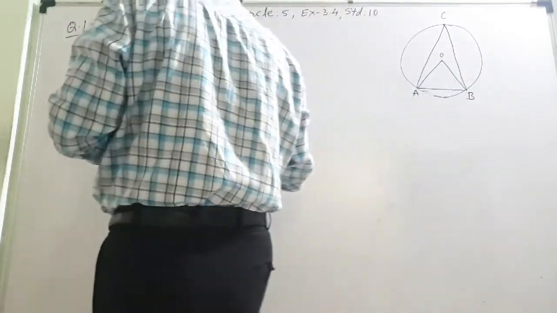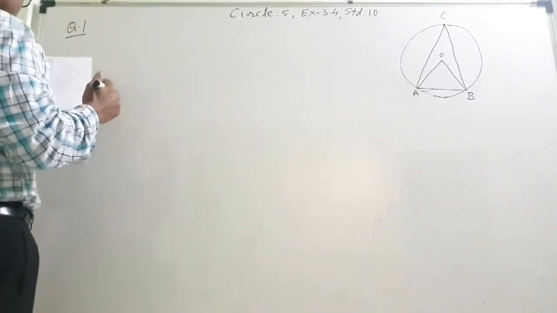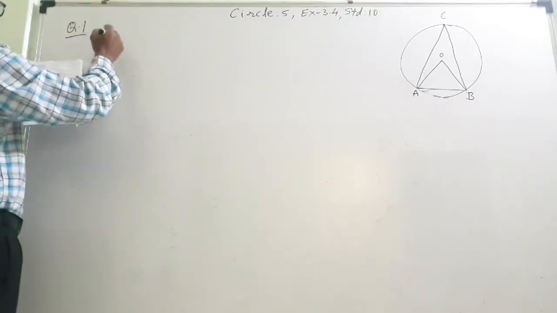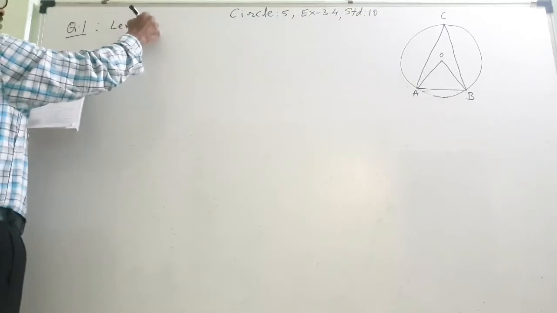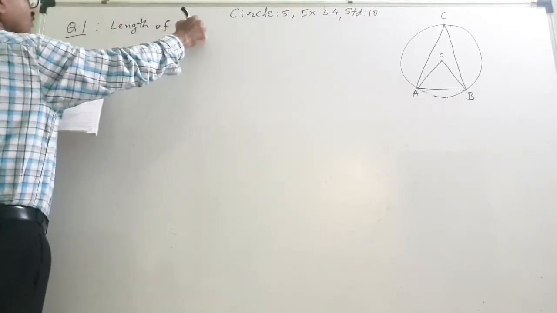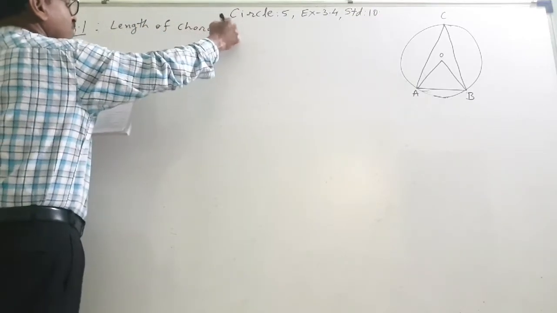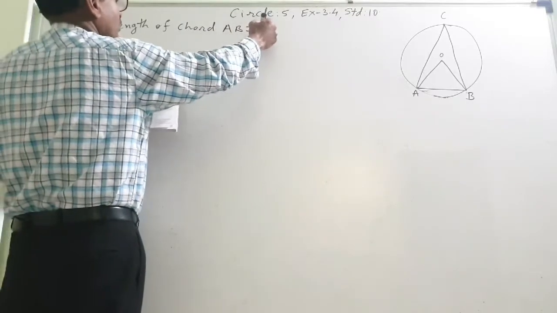Then what is given? Length of the chord AB is equal to radius.